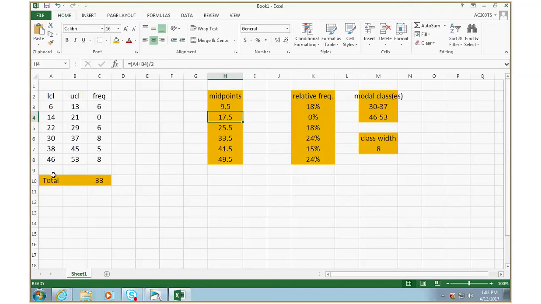And the way I got that last limit right there is I took 46 and added the width, and I took 53 and added the width. They may ask you for that, so you might want to mark that.